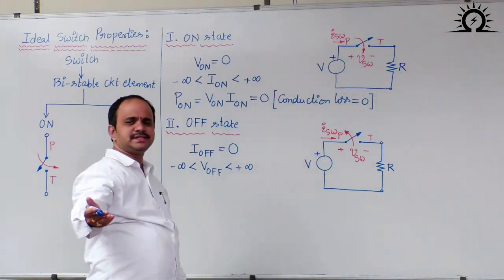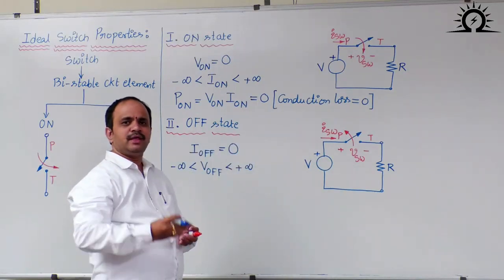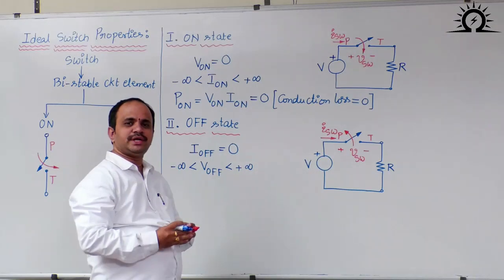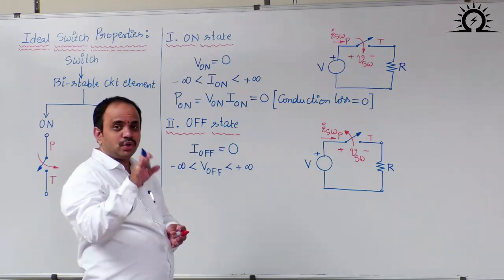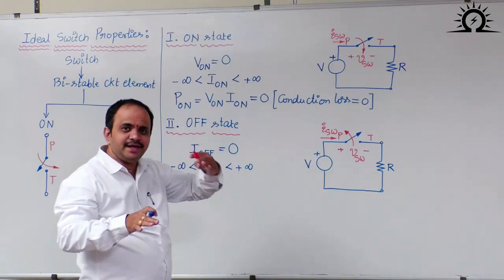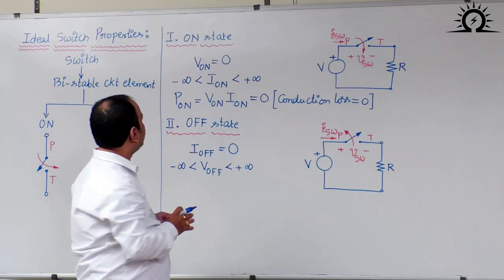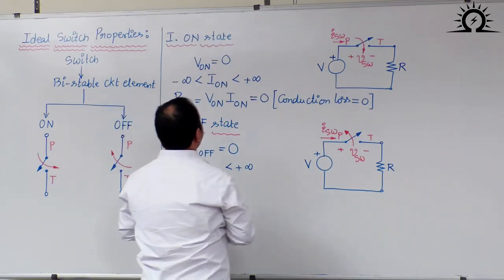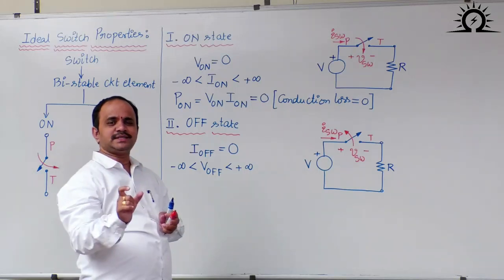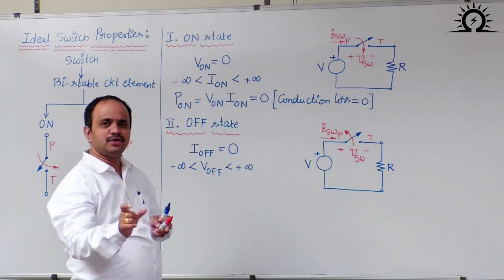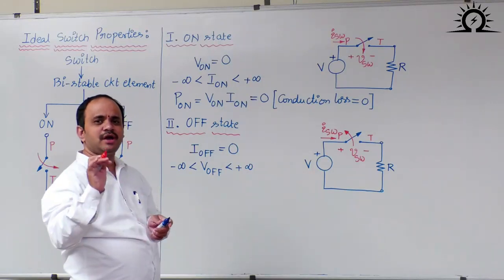One switch is carrying 1 ampere with 0 voltage drop, 5 ampere with 0 voltage drop, 10 ampere with 0 voltage drop. In these three conditions, what is common? 0 voltage drop. Therefore, if you notice that voltage across the switch is 0, you can declare that the switch is in the on condition.